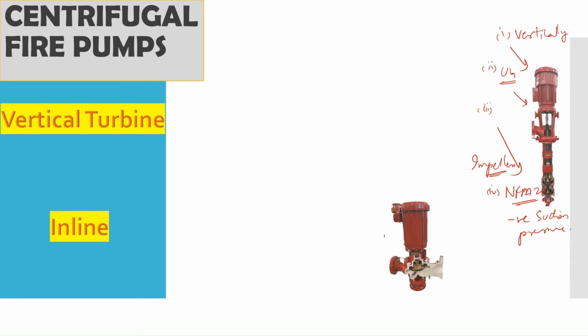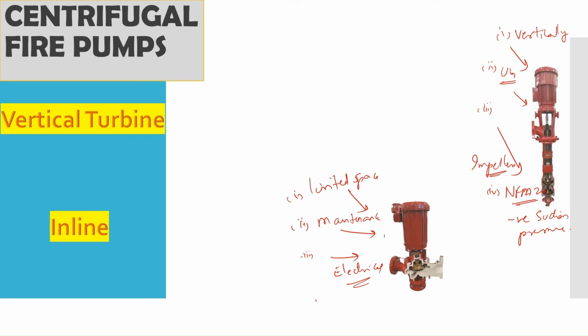So let us move ahead with another type of fire pump, that is the inline type. These also can be installed if you have limited space, but maintenance can be difficult for this kind of pump, and they can only be installed with electrical drivers. So a diesel engine cannot be used along with this kind of fire pump.